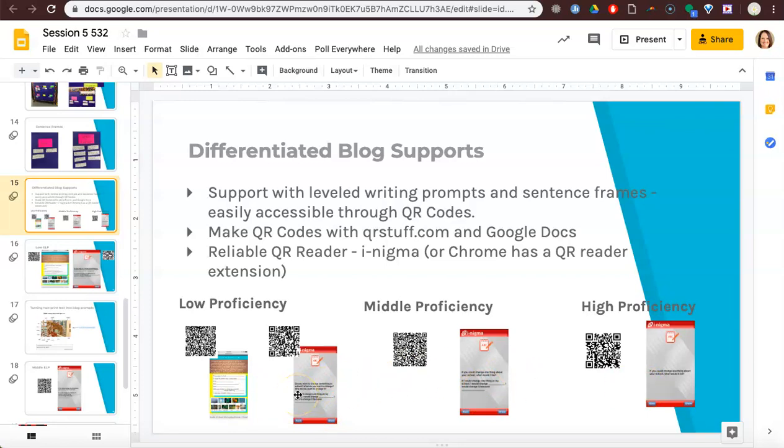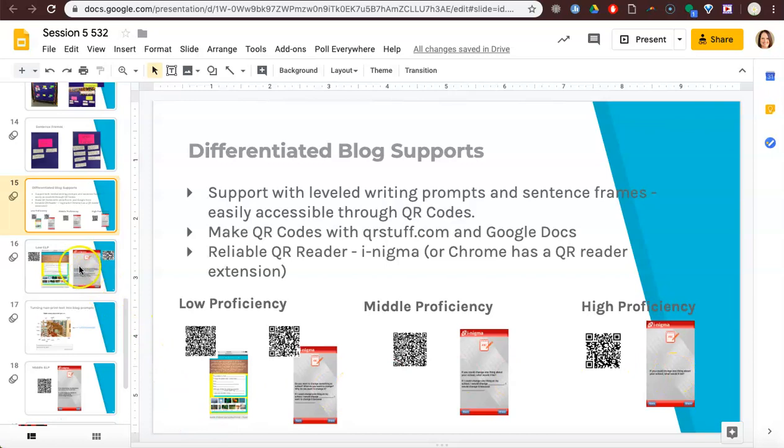I had students who were at lower proficiencies of English language, students at middle proficiency, and students at high proficiency. And I had different blog prompts, and I had attached them each to a different QR code. I can show you how to do that at the end of the video, so if you want to stay on, you can watch that. But if you already know how to do that, you don't have to.